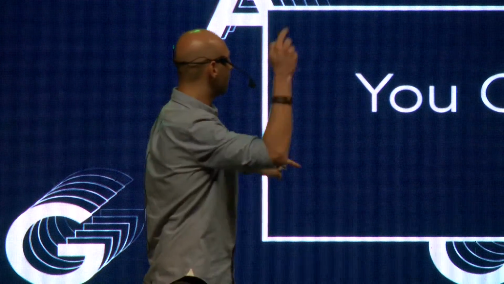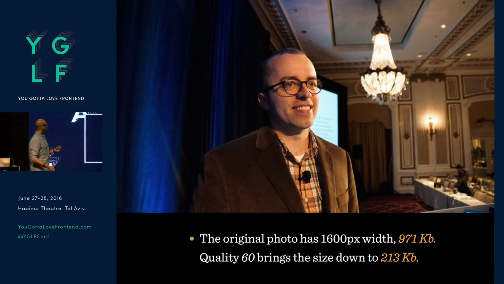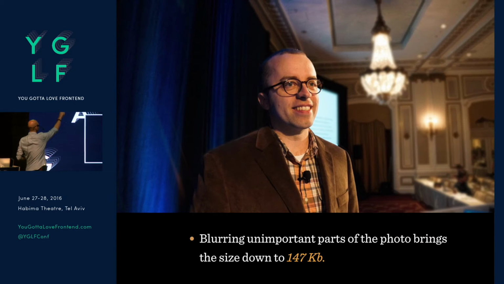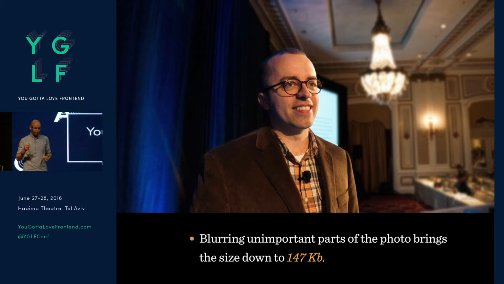But then if we compare this image to this image, the difference is 80 or 70 kilobytes. Did you spot the difference? The only thing that we changed is blurriness around this picture, right? But it actually helps us bring down the photo by another 60 or 70 kilobytes, which is really cool.